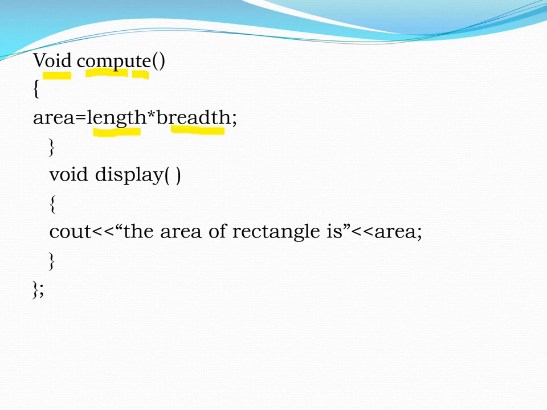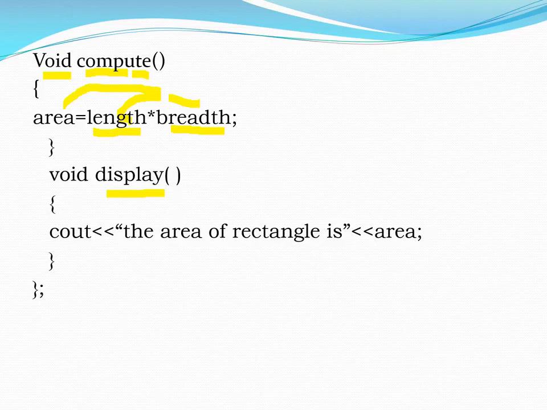After calculating length into breadth, we store the result in area. Now the total calculation part is over in one member function called compute. After computing it, we write one more member function called display. Display is a member function where we display the result, the area of the rectangle.